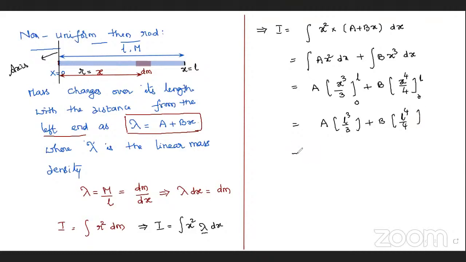So you finally get AL cube by 3 plus BL power 4 by 4. We can stop here. No need to expand this one. That's it. This is the moment of inertia of a non-uniform thin rod.